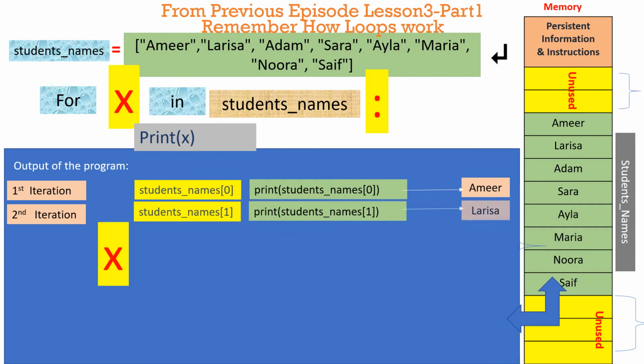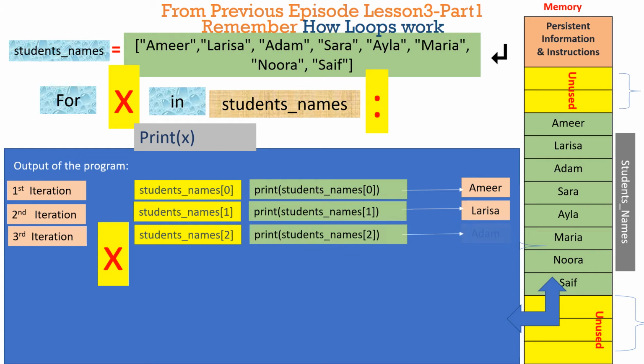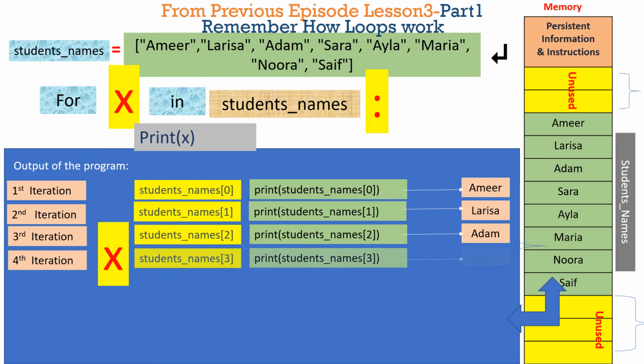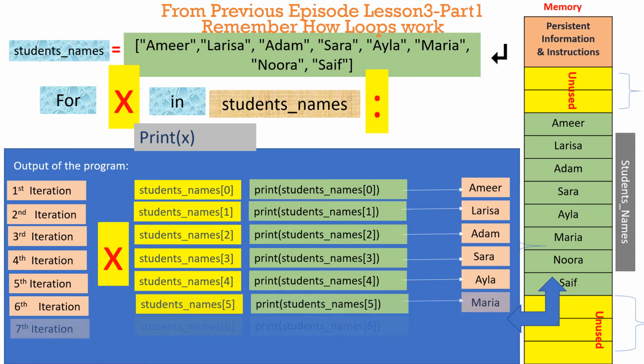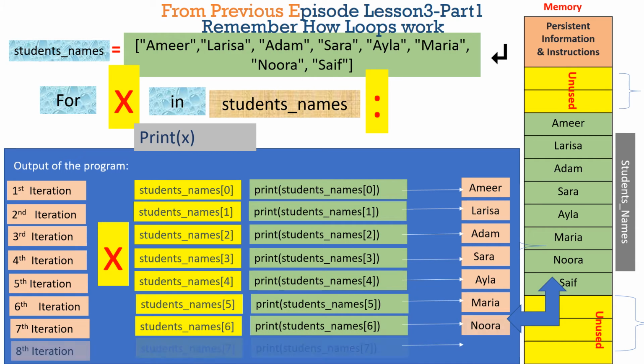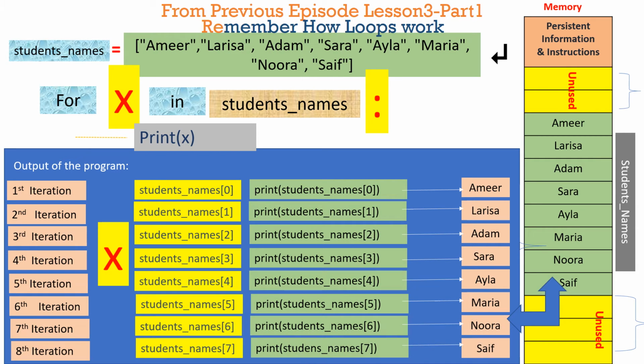Its value will be Larissa. Third iteration, X will be students_names of 2. Print students_names of 2. The value is Adam. And so on until we reach the last item, which is the 8th iteration, print students_names of 7. The value will be Safe.